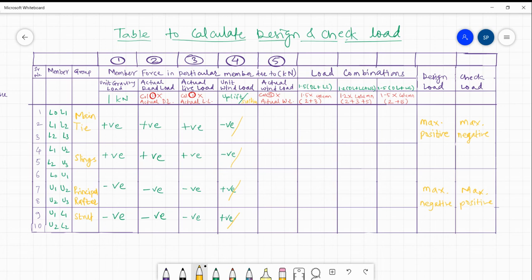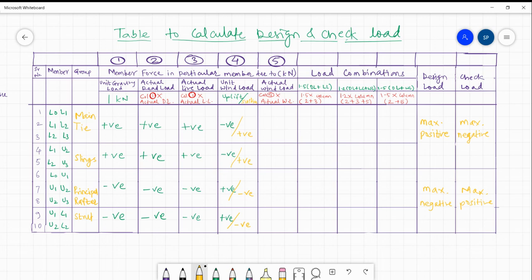Means what? The arrow will be acting towards the roof truss, and in that case there won't be such stress reversal, and the nature of force will be as it is, as in the case of gravity loads. Means compressive members will remain compressive, and tensile members will remain tensile.